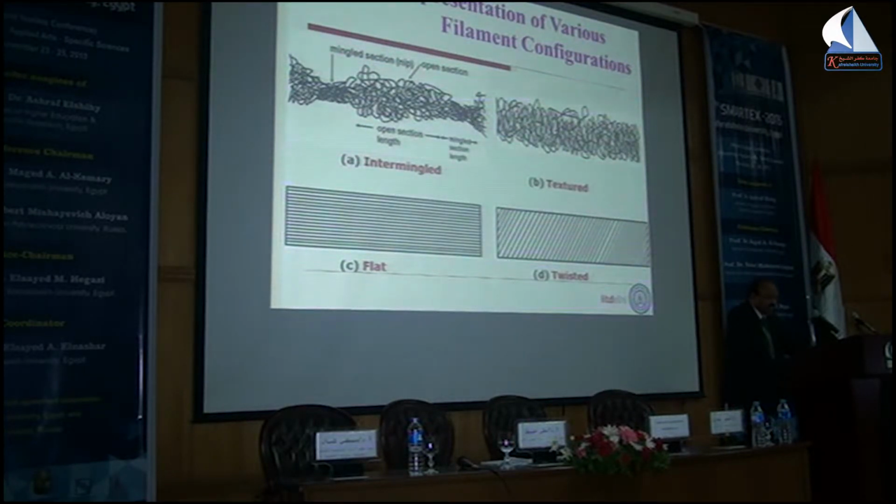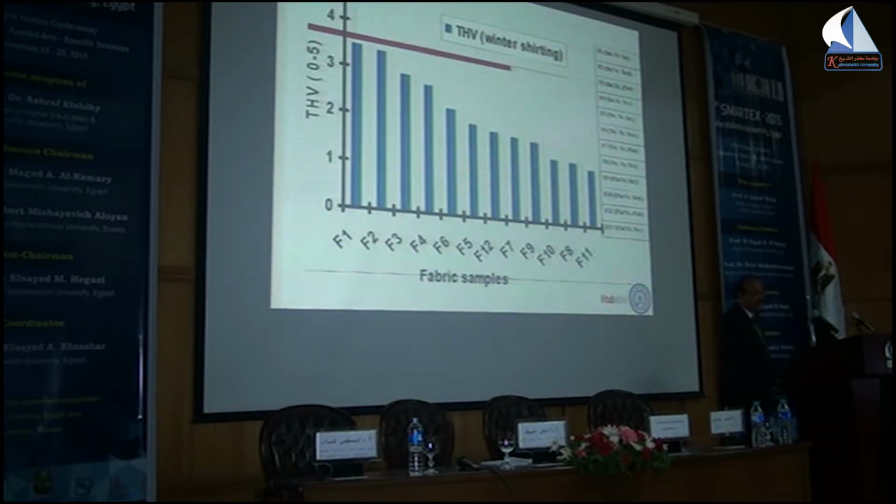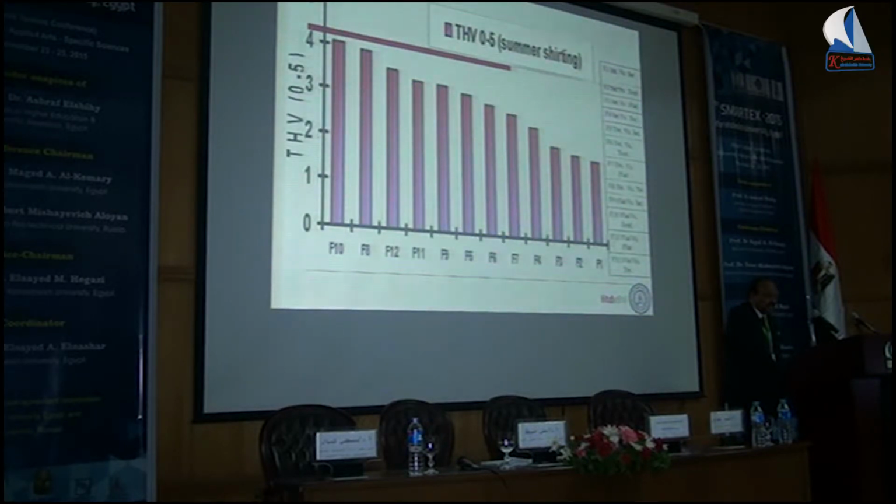Using these four configurations, several fabric samples were produced, taking single or combination, and the hand values of these fabrics were measured. The result shows that F1 and F2 give the highest hand value for winter applications, and for summer applications you can see that 10 and 11, that is the textured, flat textured combination, gives the best hand value.